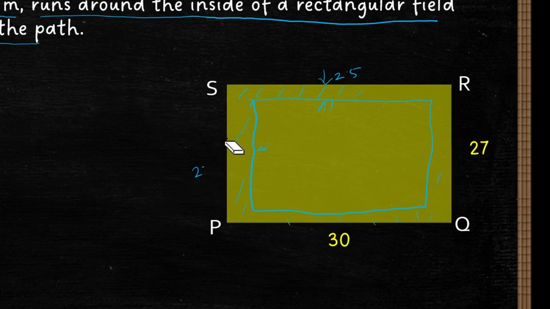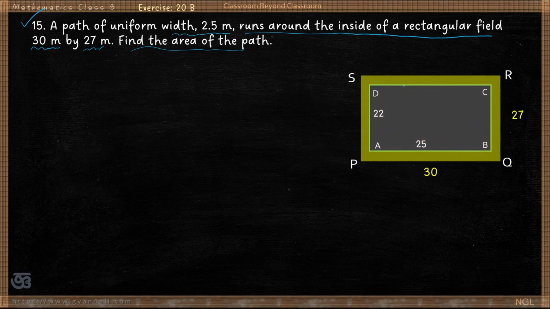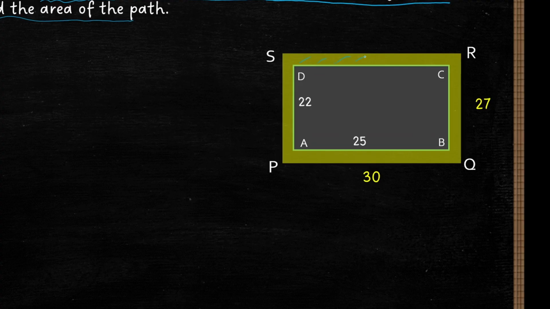So how can we do this? If you have to make a path around the field inside the rectangular field, then this will be the path, and the width of this path is 2.5 meter. This is also 2.5 meters, and this is also 2.5 meters.